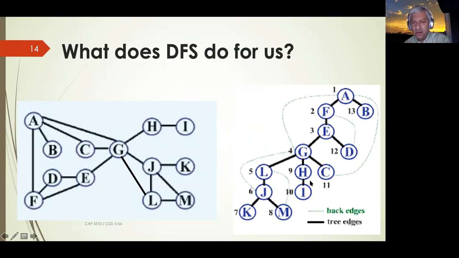Same is true of HI and same is true of JK. So you can remove those, and you know that those were biconnected components. When you removed HI, you also got a new one here, that's GH. That's also going to be a biconnected component and you can remove that. So there are 4 trivial biconnected components that are just simple edges.